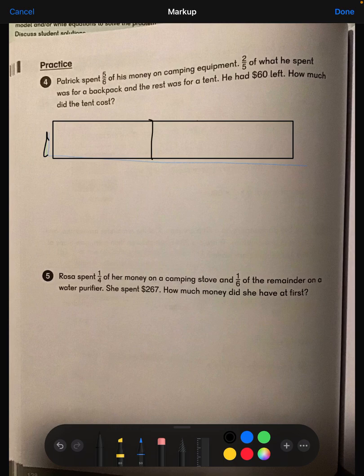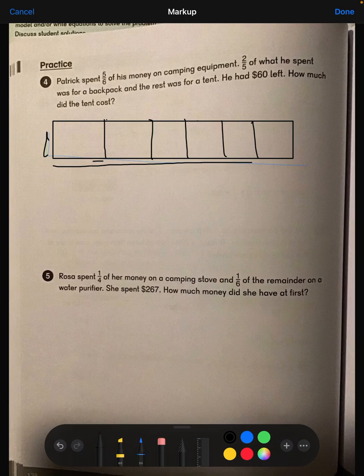So we're going to need 6 boxes here. And we know that he spent 5/6 of that all together, so he spent from here to here.